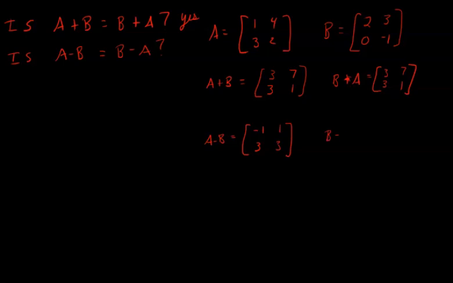And B minus A, so this is 2 minus 1, which is a +1, and already these matrices are not the same because 1 is not the same as -1, but we'll keep going. B minus A, so 3 minus 4 is -1, 0 minus 3 is -3, -1 minus 2 is -3. These are not the same.